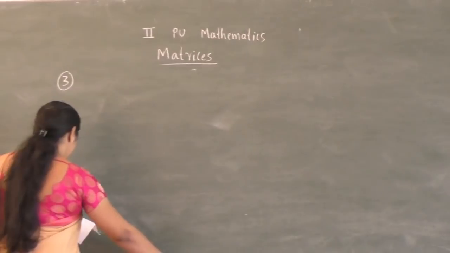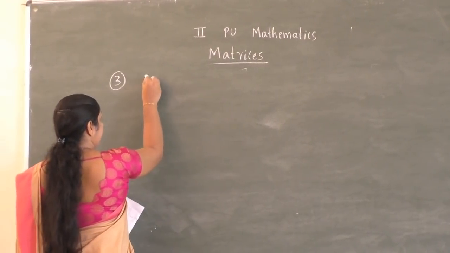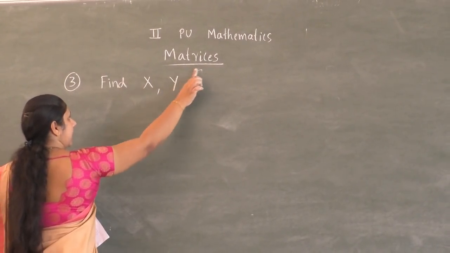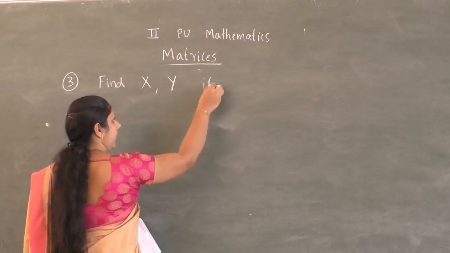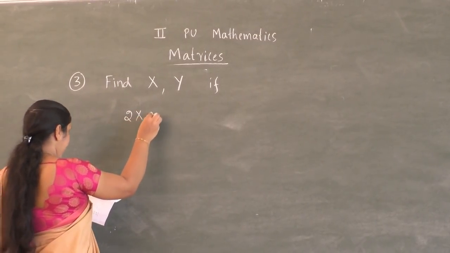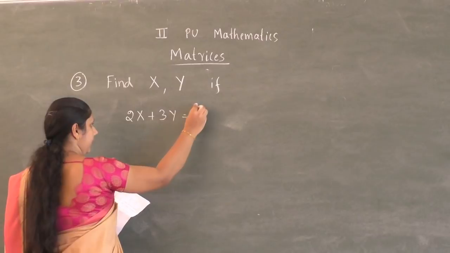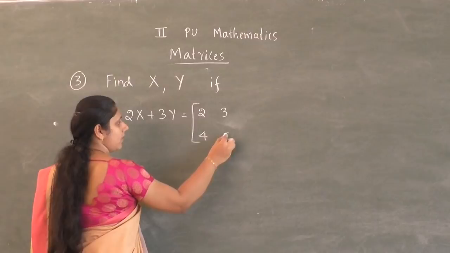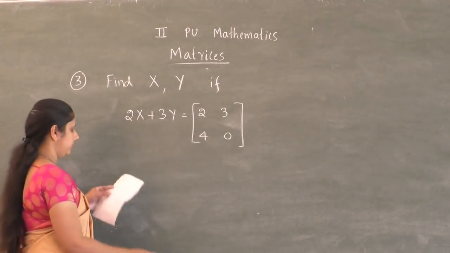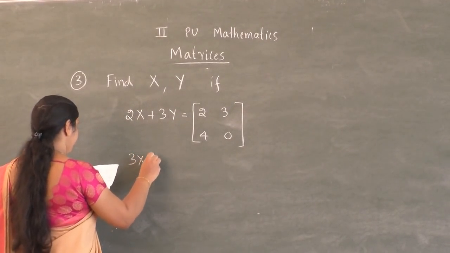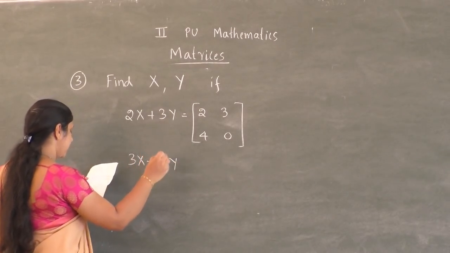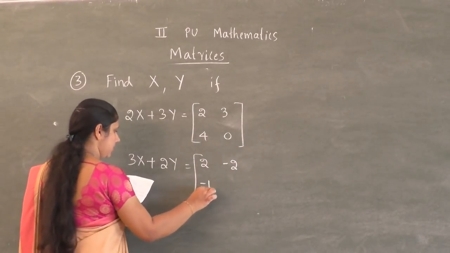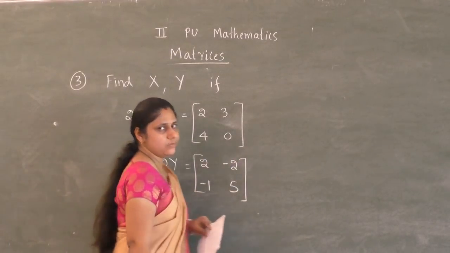Now, question number 3, that is find X and Y if 2X plus 3Y equals the matrix 2, 3, 4, 0, and 3X plus 2Y equals the matrix 2, minus 2, minus 1, 5.